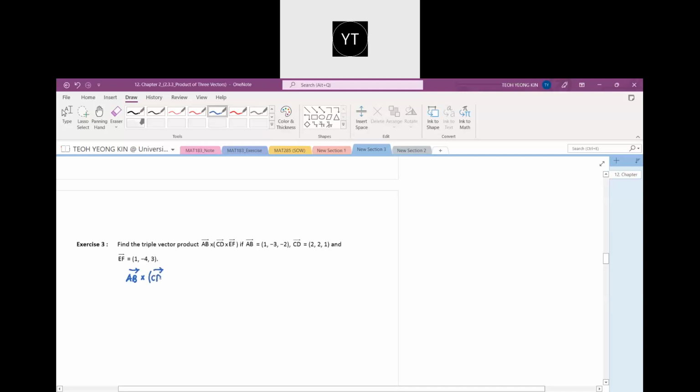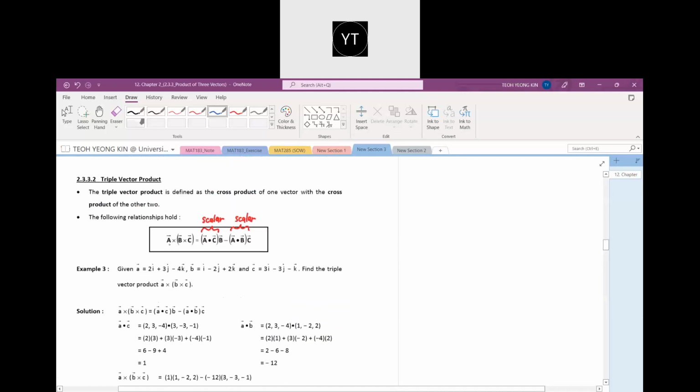From here, the formula is the dot product of vector AB and vector EF, multiplied with the vector of CD, and then minus the dot product of vector AB and CD, and then multiplied with the vector of EF. So this one you need to memorize.